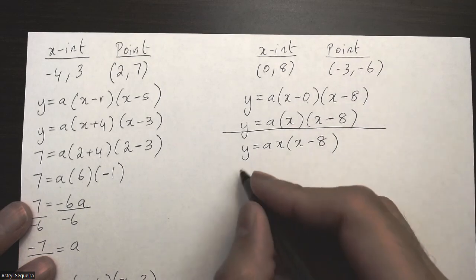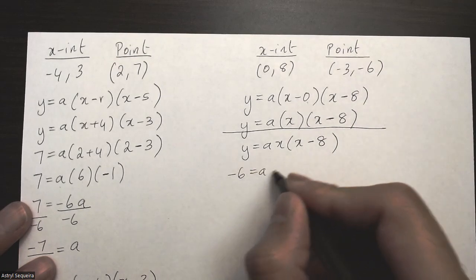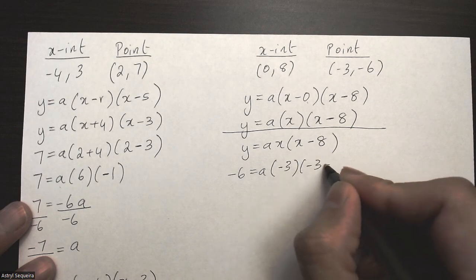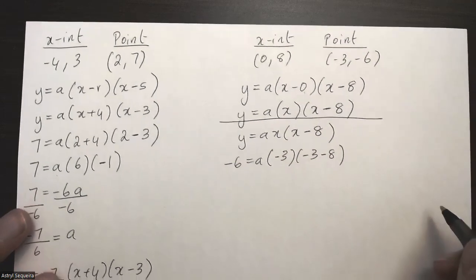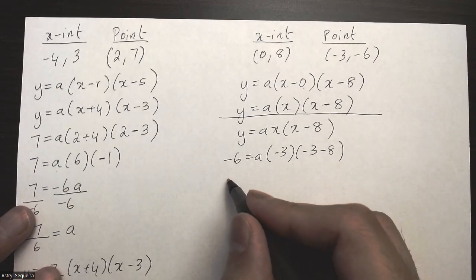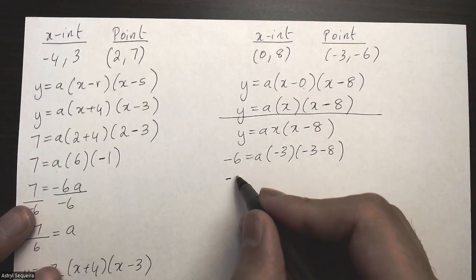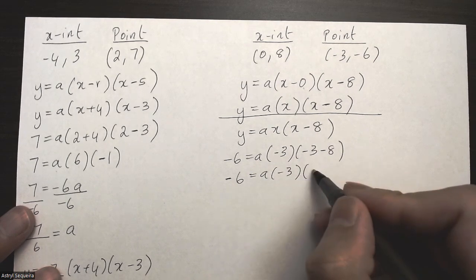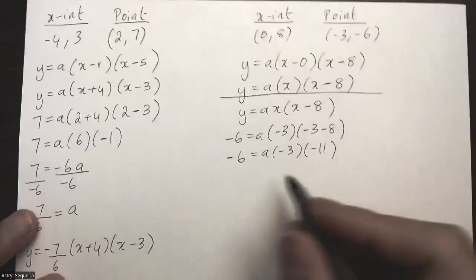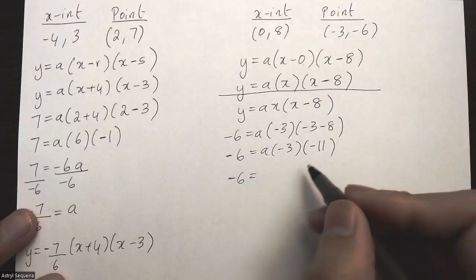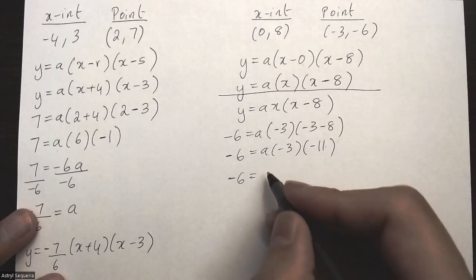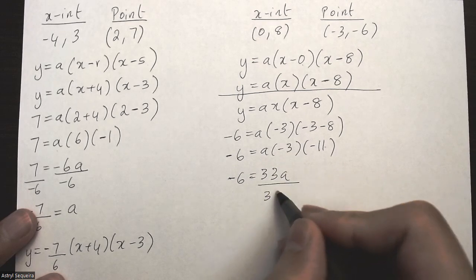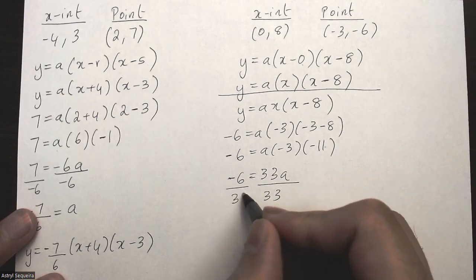Going to sub in the point. So -6 equals a(-3)(-3 - 8). -6 equals a(-3)(-11). -6 equals -3 times -11, which is positive 33. And then I can divide both sides by 33.